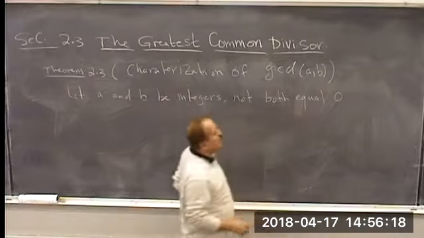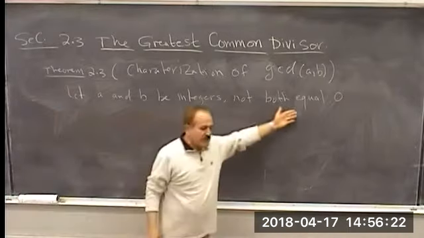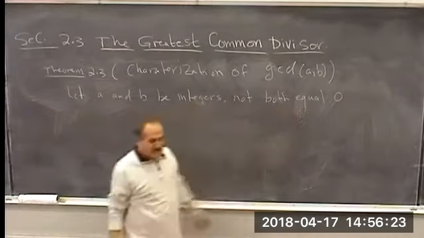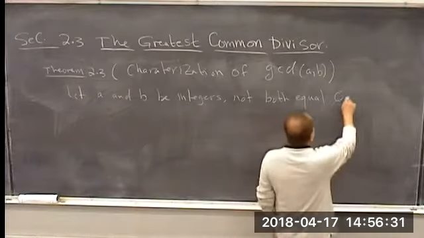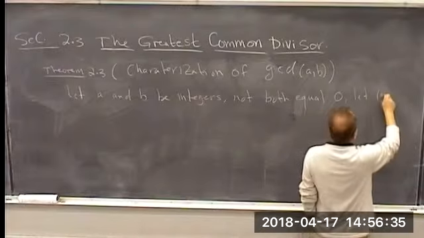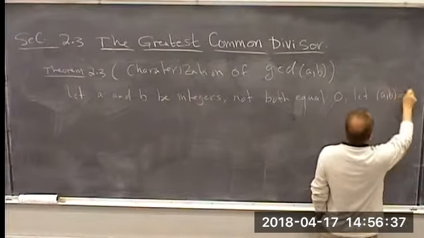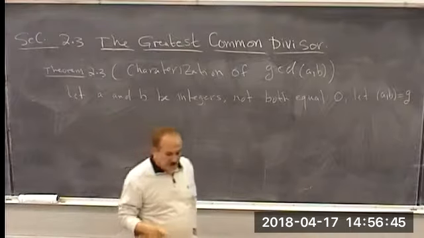Actually, whenever we talk about the greatest common divisor and we don't make this statement, not both equal to 0, it should be implicitly included. And we can then let the greatest common divisor of A and B be equal to G. I'm writing this without the GCD notation, rather.